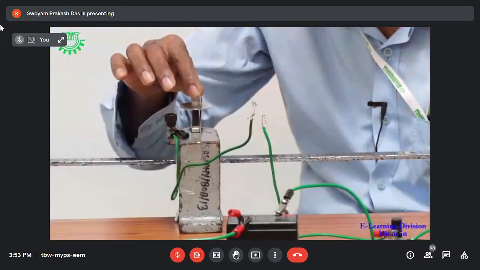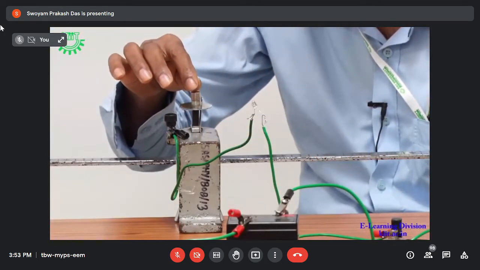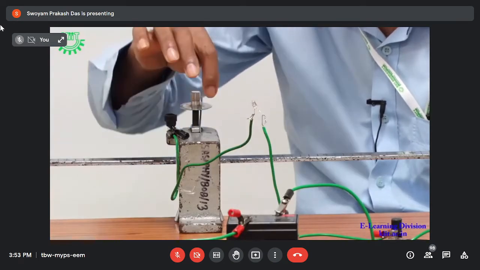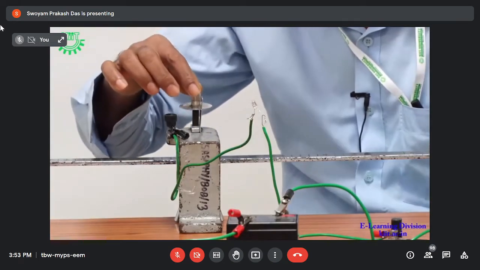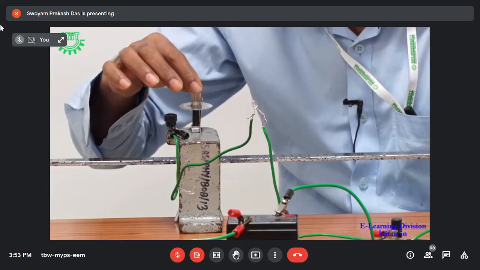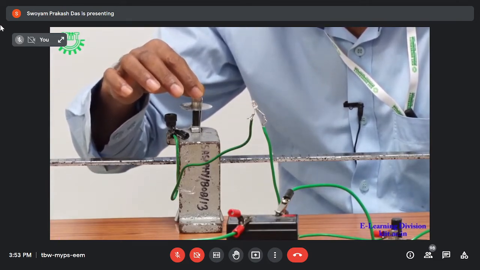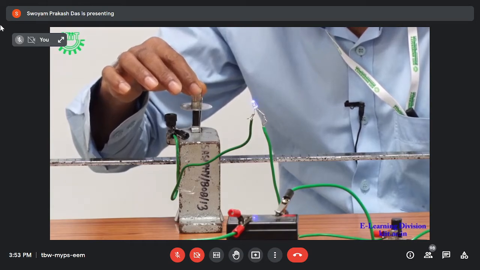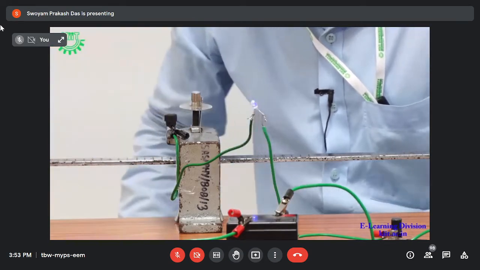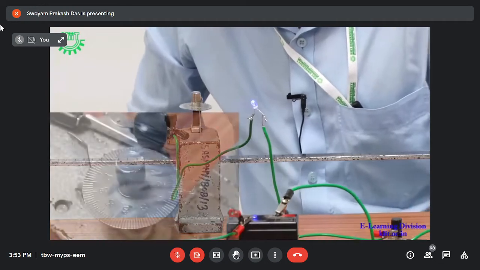So I am rotating now and watching at the same time whether 31 crosses this linear scale or not till the glow comes. Yes, the bulb glows. 31 has not crossed.